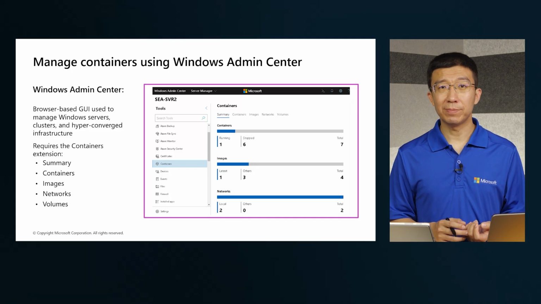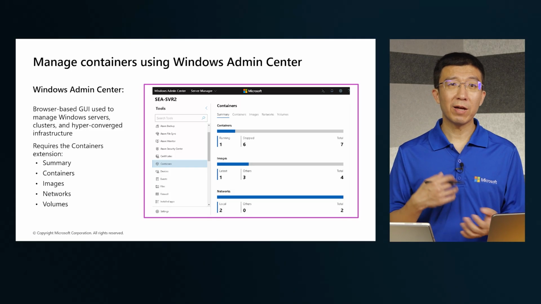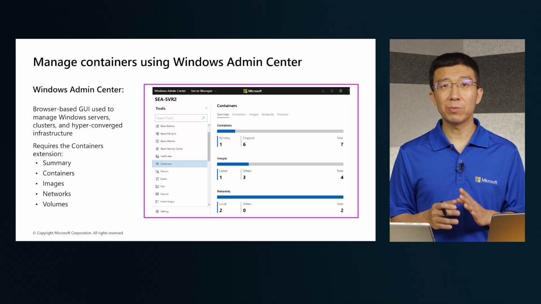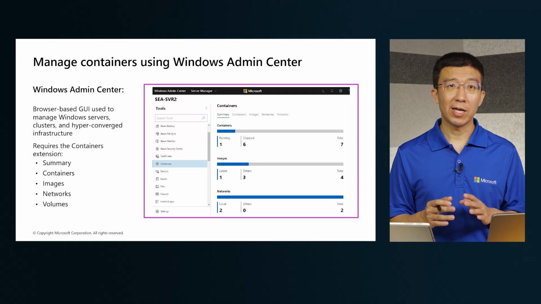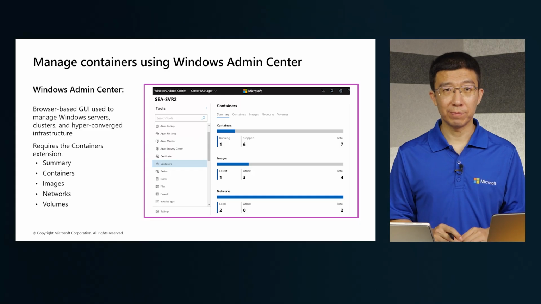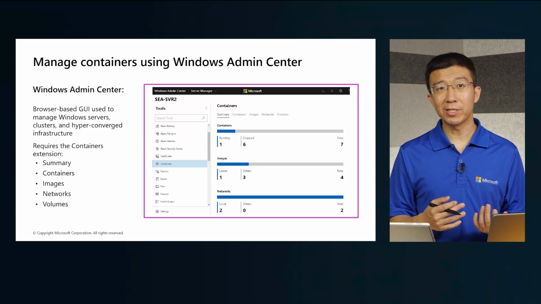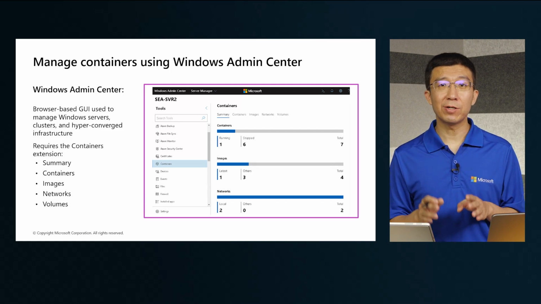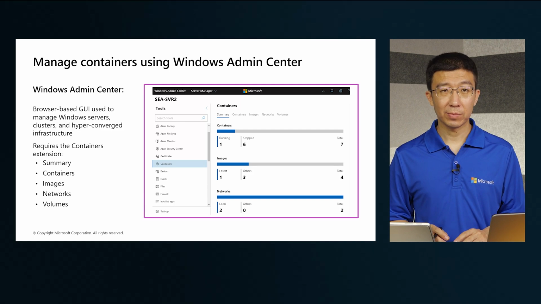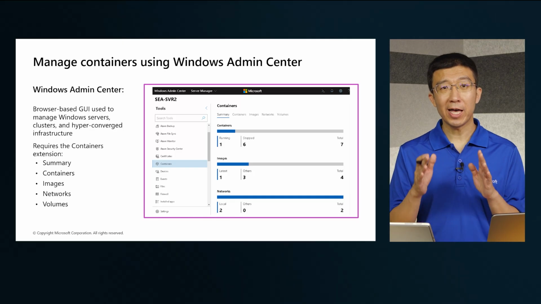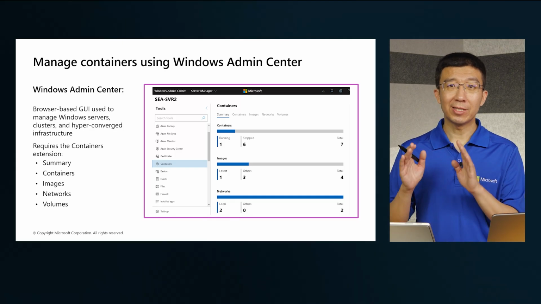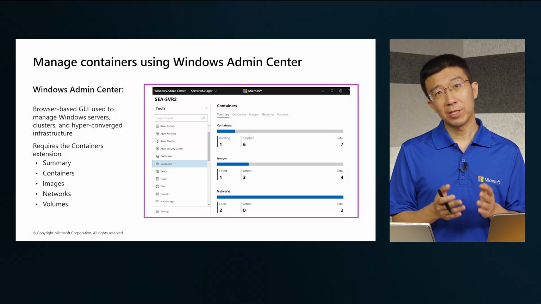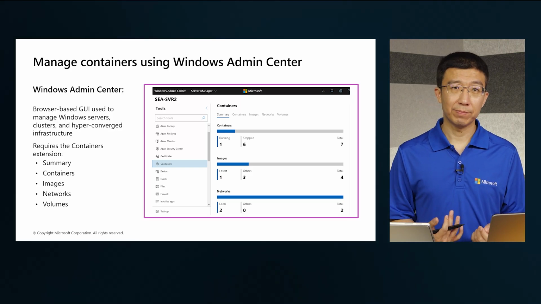Windows Admin Center is a browser-based graphical user interface for managing Windows servers, clusters, and hyper-converged infrastructure. To manage containers, first install the containers extension. Then use tabs for summary, containers, images, networks, and volumes.